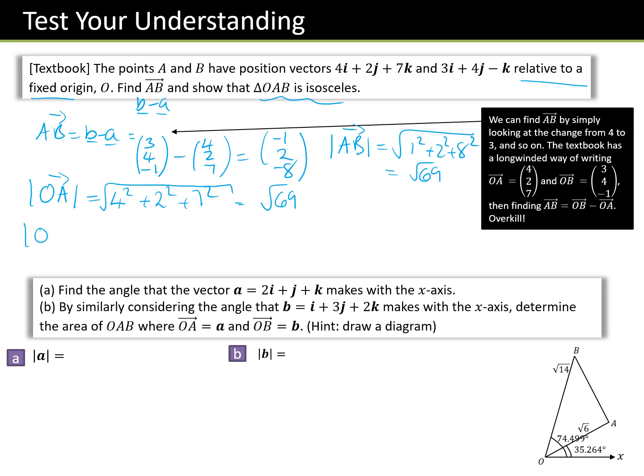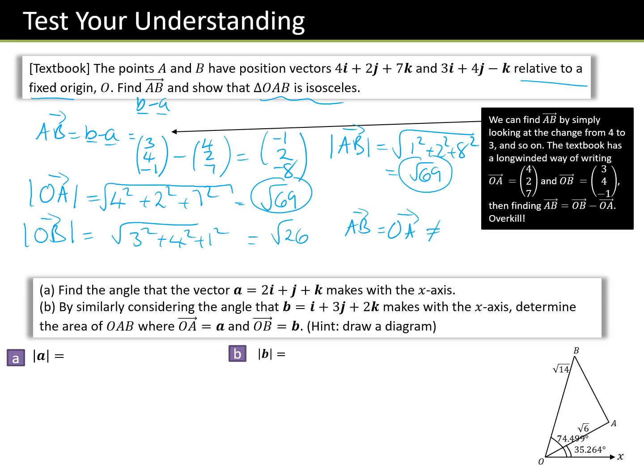And then OB, do the same with B, is going to be the square root of 3 squared plus 4 squared plus 1 squared, and that comes to the square root of 26. But because we've got two sides that have the same length, we do have an isosceles triangle. So AB equals OA, but that does not equal OB, so two sides are going to be the same, therefore the triangle is isosceles.